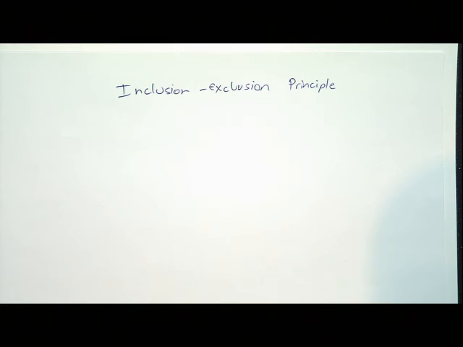The inclusion-exclusion principle is for us to understand the cardinality of a set whenever it's a combination of other sets.